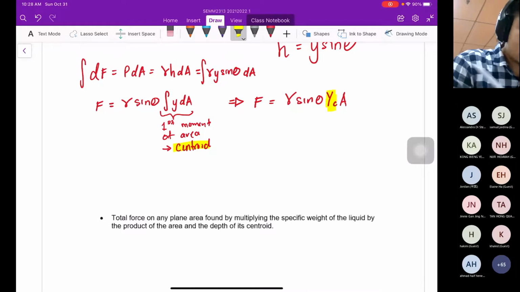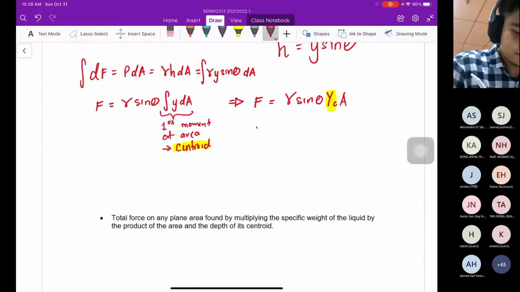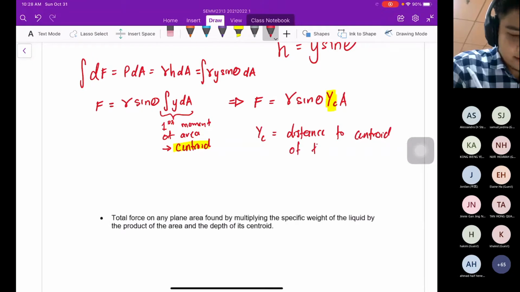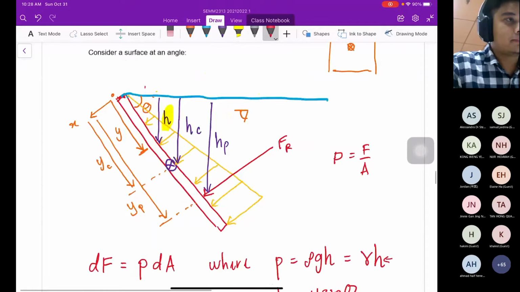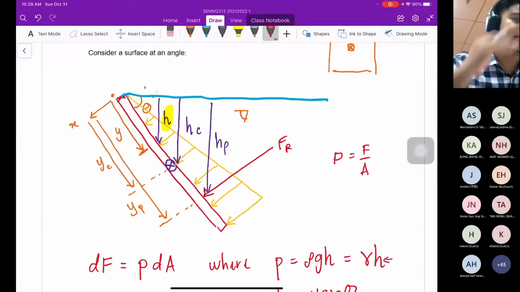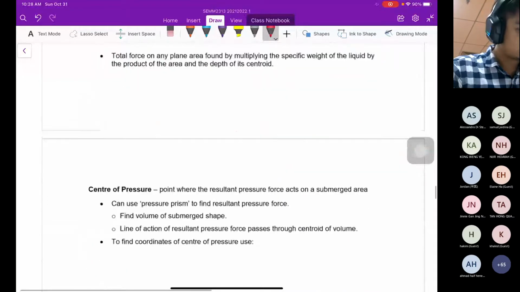So yc basically the distance to centroid of the area in contact with fluid. Alright, remember that we only consider the plane in contact with the fluid, which is submerged in the water, not outside the water.